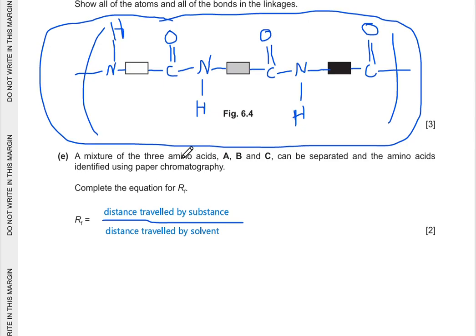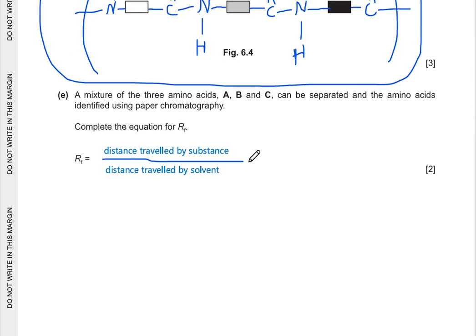A mixture of the three amino acids A, B, and C can be separated and the amino acids identified using paper chromatography. Complete the equation for the RF value, the retention factor. That is going to be the distance traveled by the substance over the distance traveled by the solvent. Now this is a very rare question. I think it has only been asked once in a lot of years.